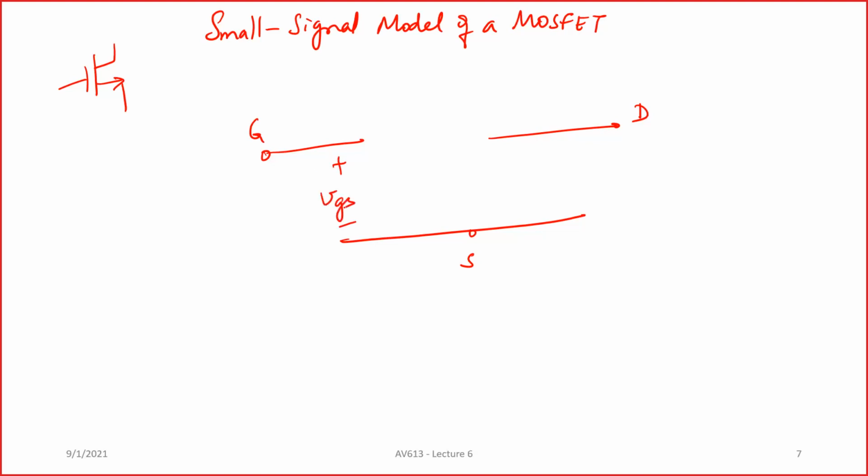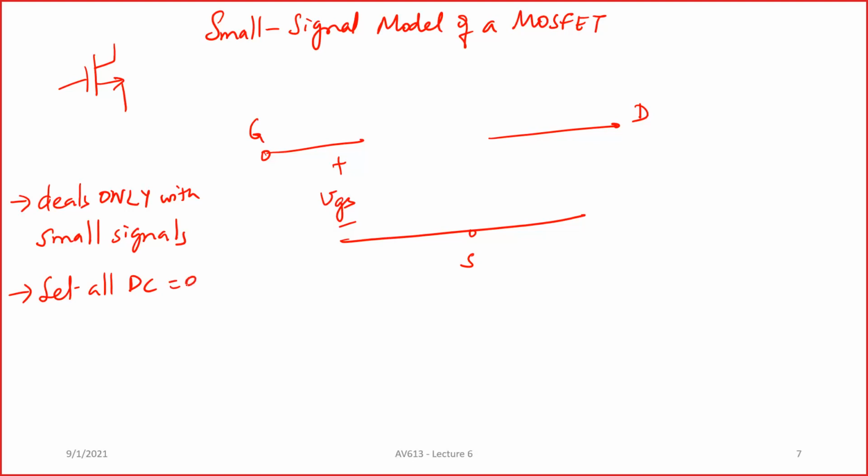Now, what is a small signal model? I'm sure all of you have studied it earlier, but let me just recap. A small signal model deals only with small signals. In order to do this, you set all DC to 0. Your small signal model does not account for your DC.